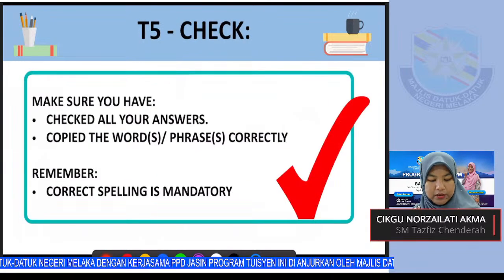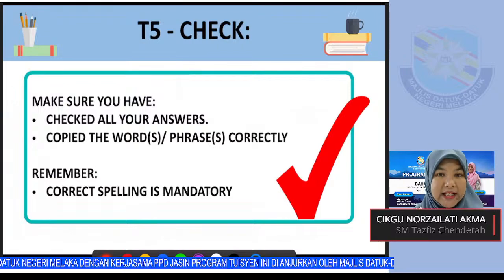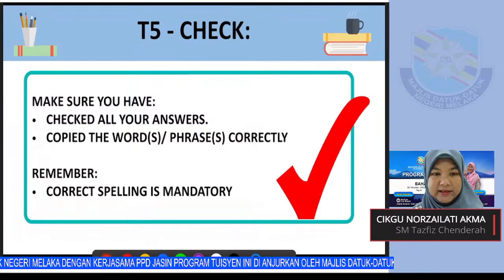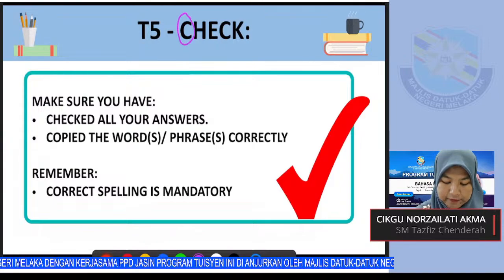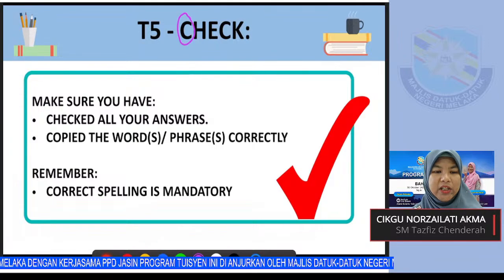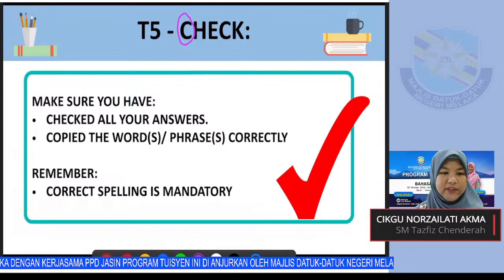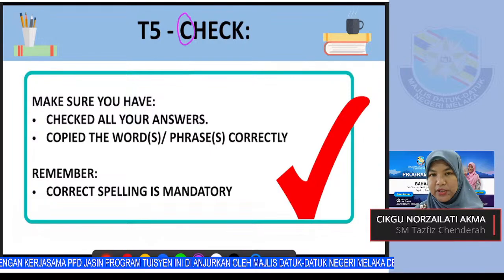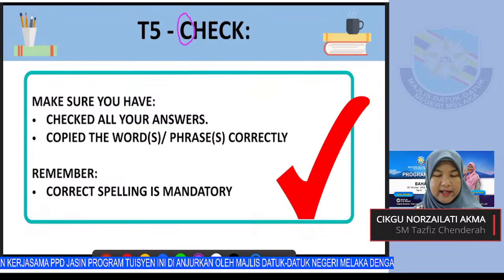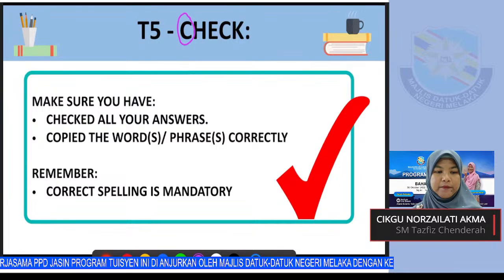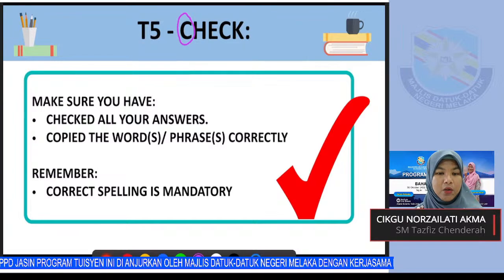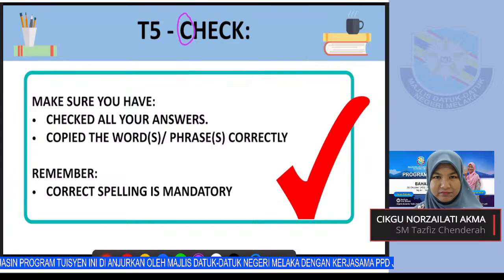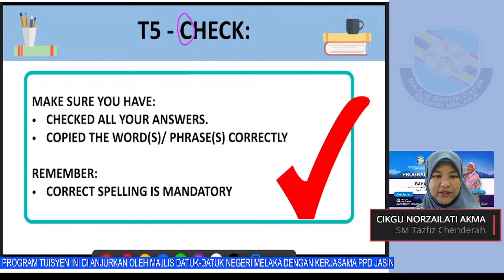Moving on. Let's go to the last tip, which is check. Remember the letter C. What are the things that you need to check? Once you finish answering all of the questions 33 to 40, first, you need to check all your answers. This is compulsory. This is very important.